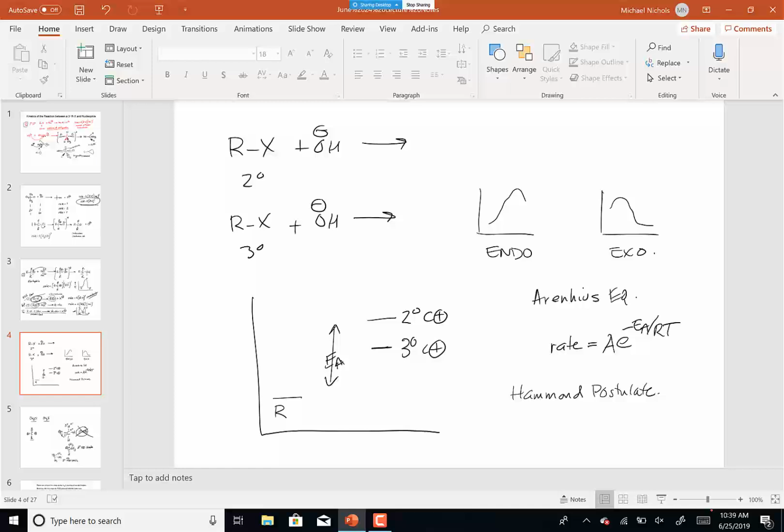First of all, we have to talk about the activation energy. So which one of these two has a higher activation energy? Endo or exo? Endo. So when you have an exothermic reaction, you have a small transition state energy.